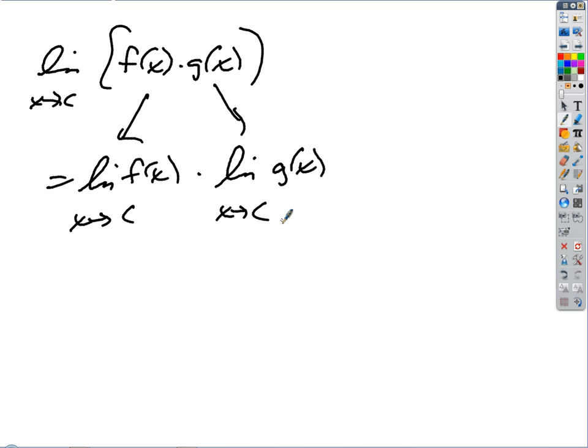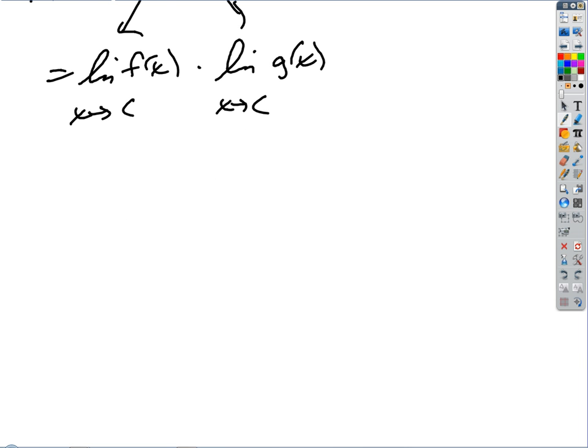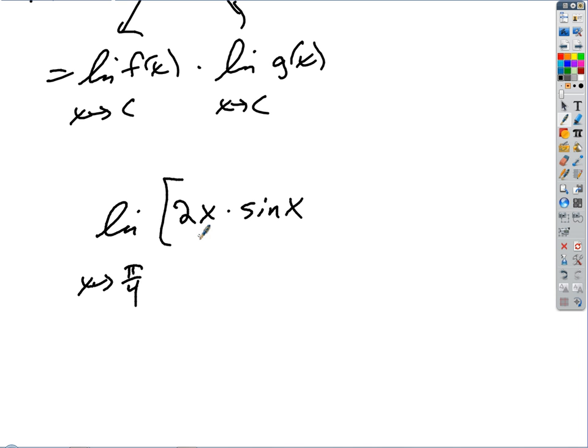Okay? In other words, here's an example. If I have the limit of 2x times sine x as x approaches pi fourths, I don't have to deal with that in one lump sum.